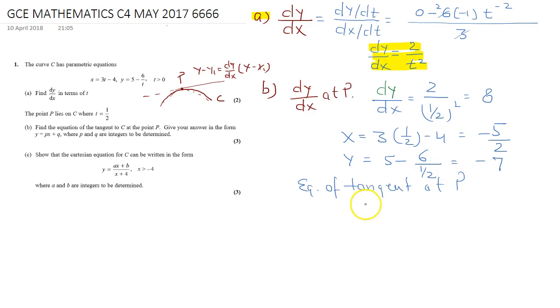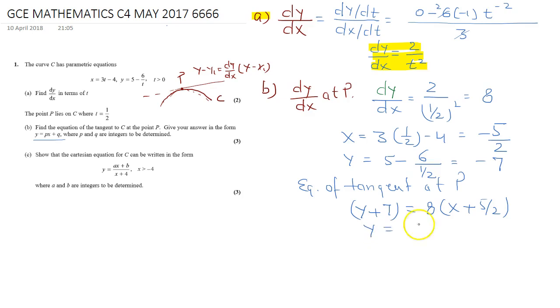So the equation of the tangent at P will be y minus y1 is equal to dy over dx at P, which is 8, times x minus x1, with x1 being minus 5 over 2. We have to write it in the form y is equal to px plus q.